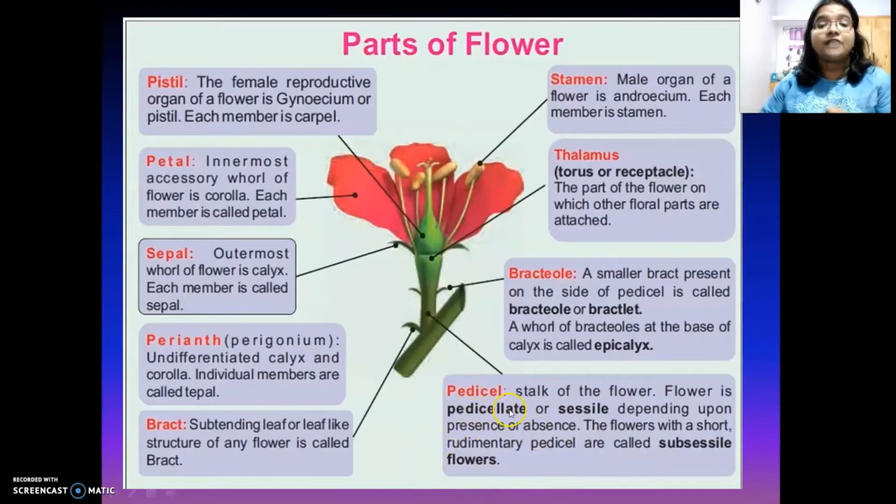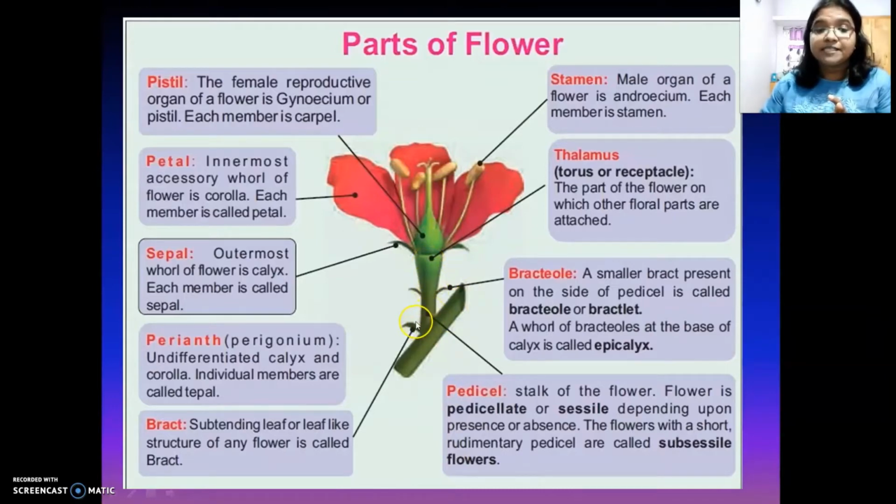If they don't have the pedicel, we call them sessile flowers. In some cases, the pedicel is just represented, and such flowers are called subsessile flowers. There the pedicel is a rudimentary structure. So don't forget, the pedicel is the stalk of the flower.